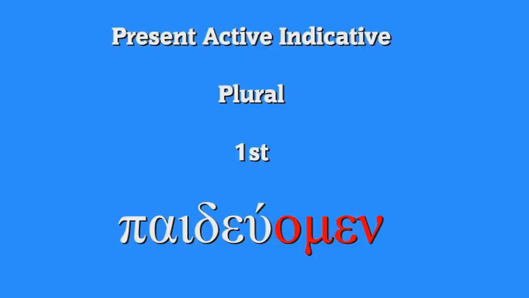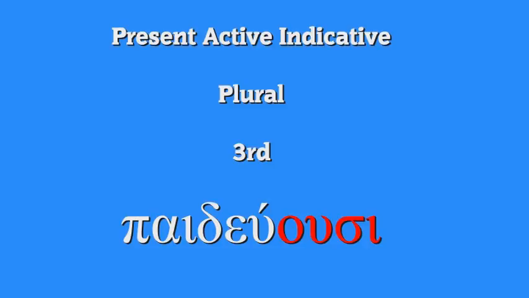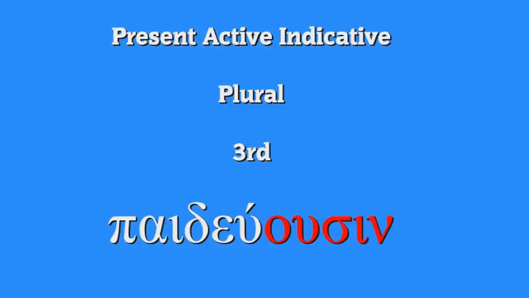For the second person, pe def ete, which means you teach or you are teaching when speaking to a plural, to a group of people instead of a singular person. And the third person would be pe def usi or pe def usin, which means they teach or they are teaching.